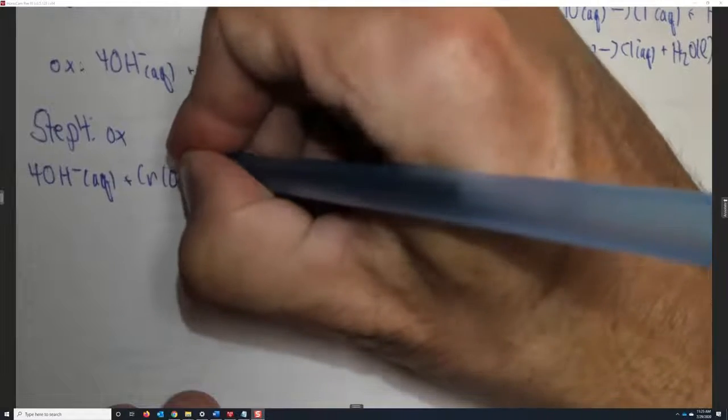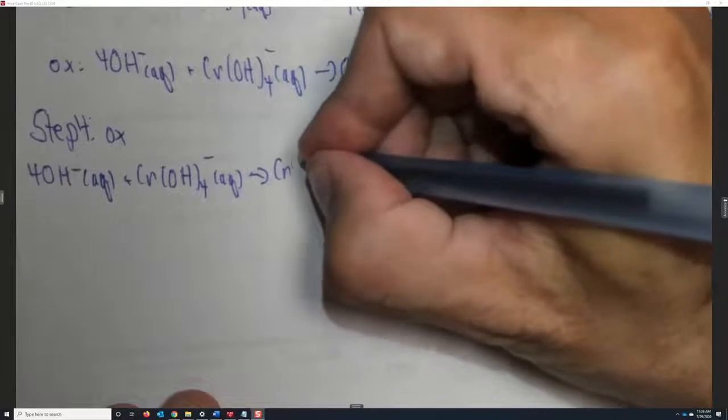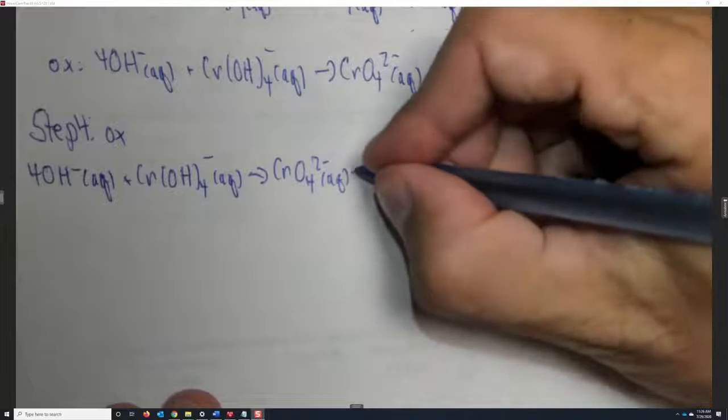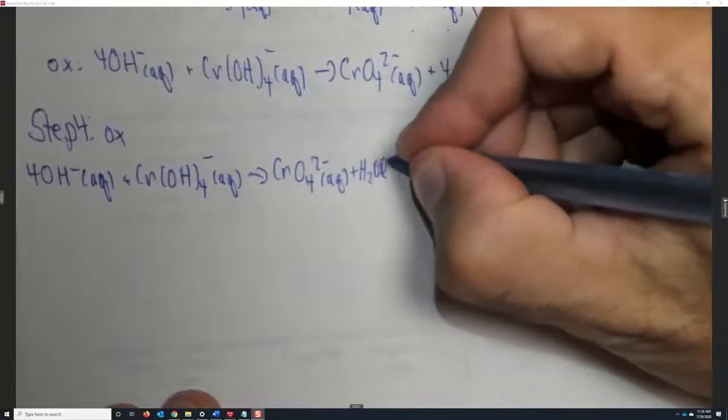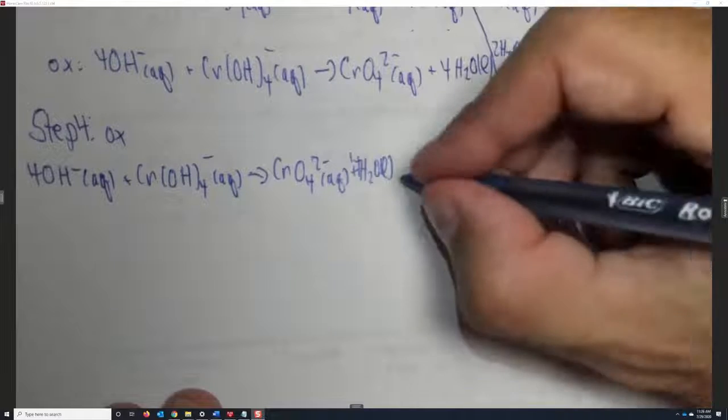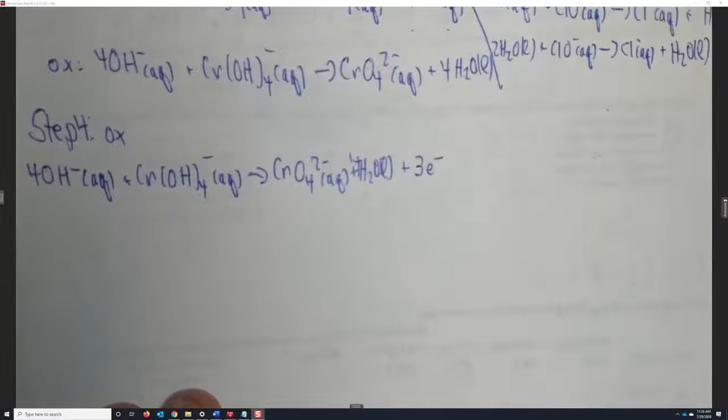So 4 OH minus aqueous plus CrOH4 minus aqueous yields CrO4 2 minus aqueous plus 4 H2O liquid plus 3 e minus.